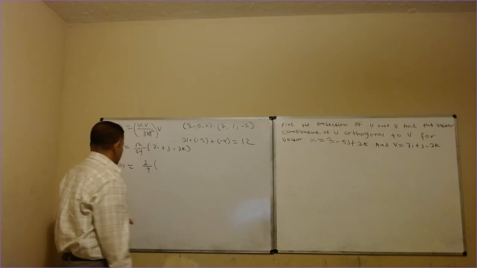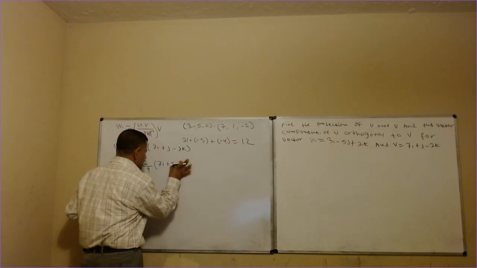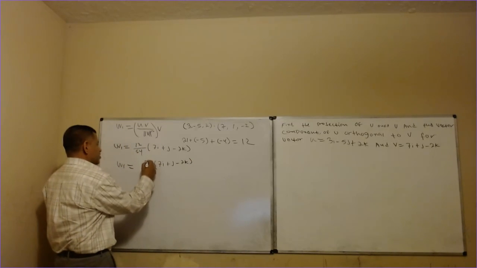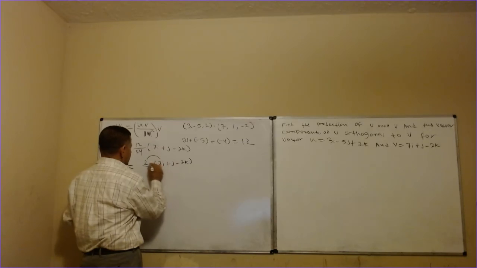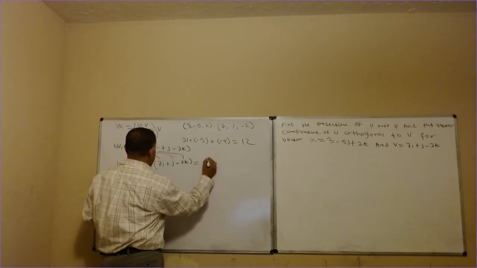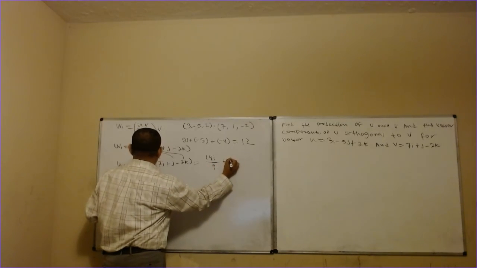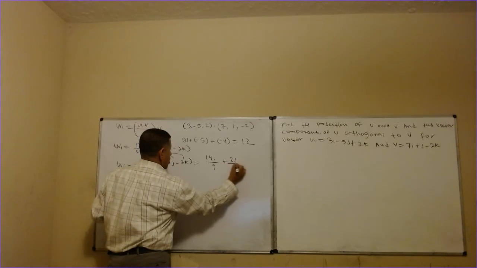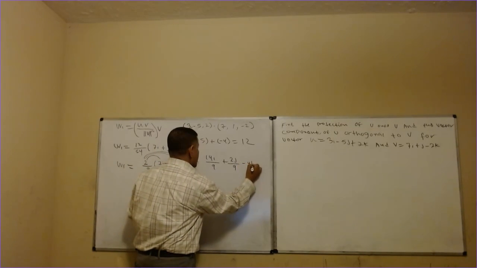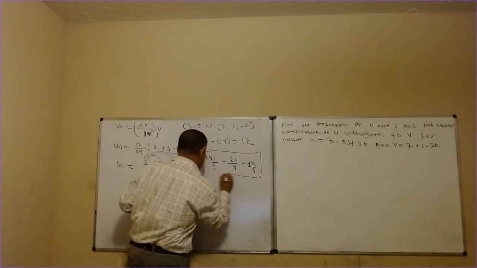Now, taking this 7i plus j minus 2k, if I distribute this piece on the top, I get 14i over 9 plus 2j over 9 minus 4k over 9. Okay, so that is W.